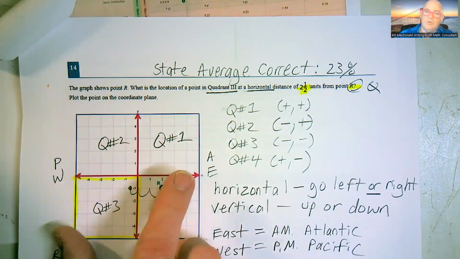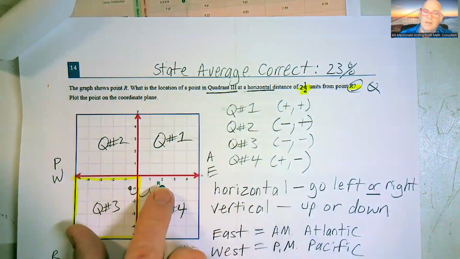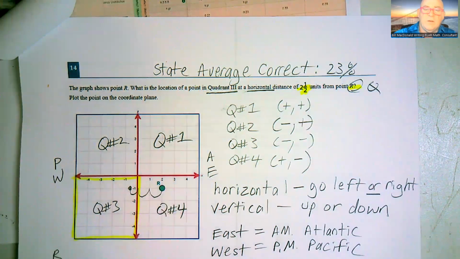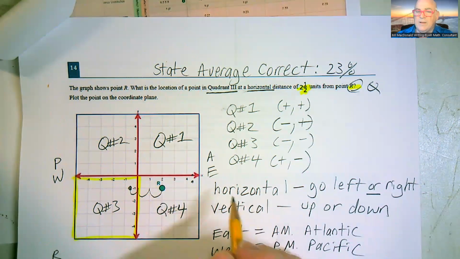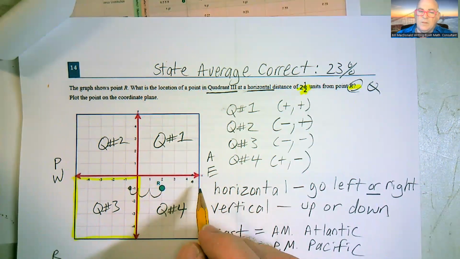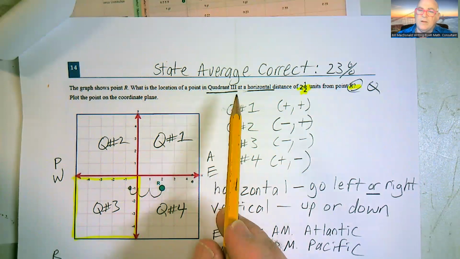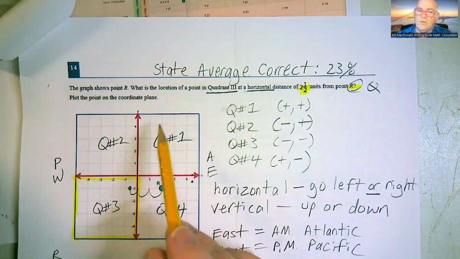If they went 2 and 1/2 units horizontal, 1, 2, and 1/2, they would have ended up over here on 4 positive and negative 1/2. And so if they entered that in there, they didn't pay attention. They wanted the one that was in quadrant 3. So they have to make sure they understand where the quadrants are.